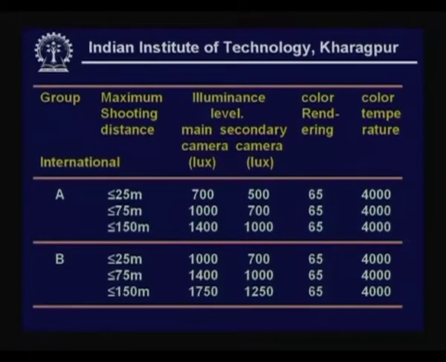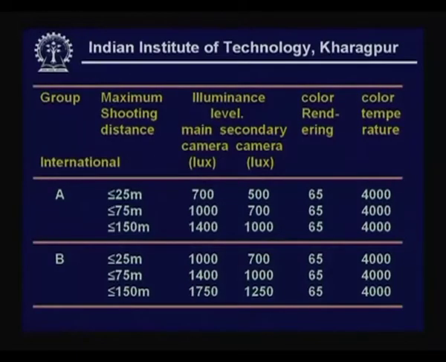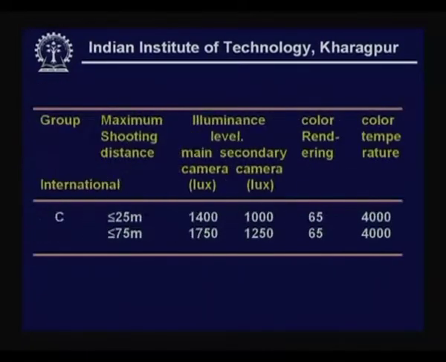The horizontal illuminance levels specify average and minimum average illuminance levels for both main camera and secondary camera. So far, what do we find? We find the color rendering index RA and color temperature are adequate, around 65 and 4000. This shows group C, as in the previous instance. This is going higher and higher as the speed of the game increases.